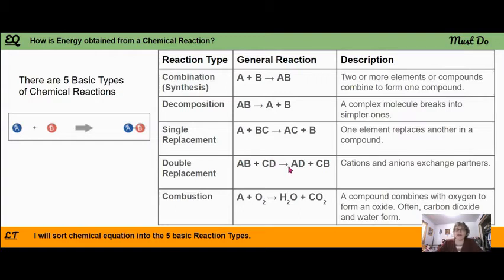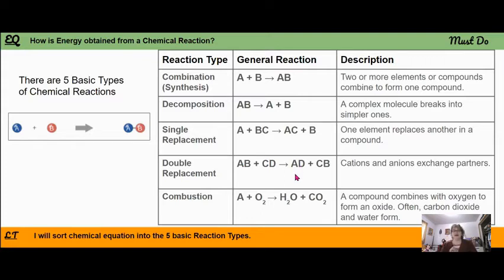A and C will switch places, or you could think of it as B and D switch places, either one. The description really is that the cations and the anions exchange partners. If you think of A and B as partners, after the reaction they've switched partners. So now A is partners with D.